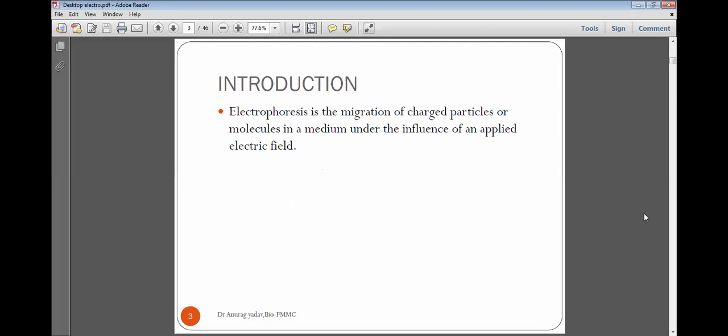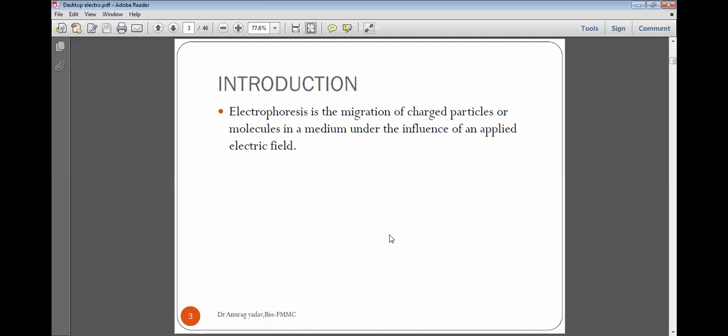So electrophoresis is the migration of charged particles or molecules in a medium under the influence of an applied electric field. This is the basic principle involved, that there is a migration of charged ions under the influence of an applied electric field, electric current.